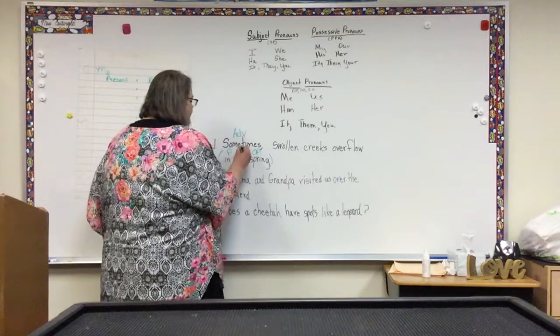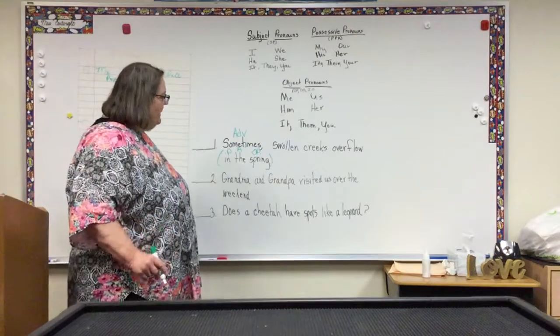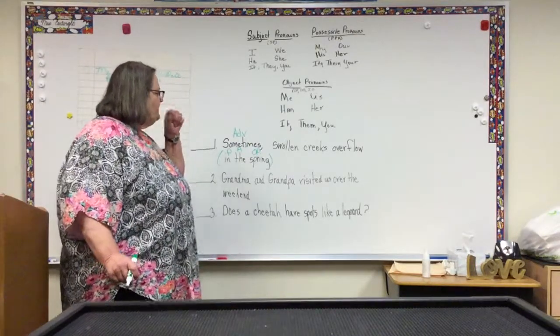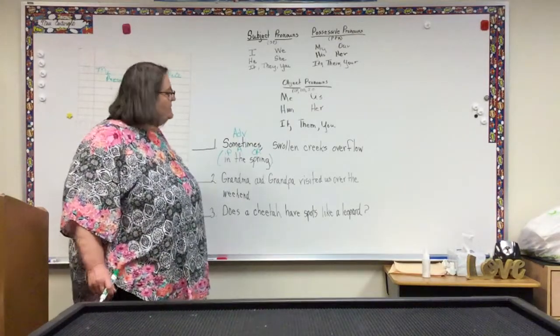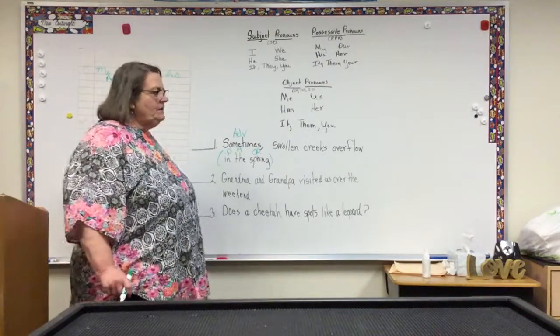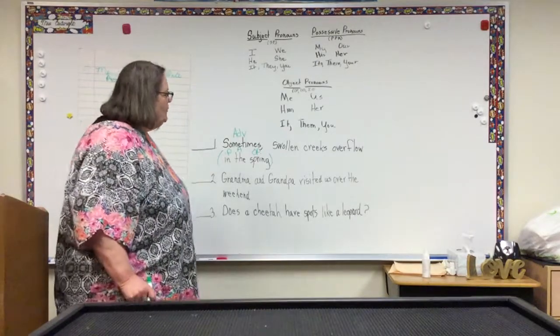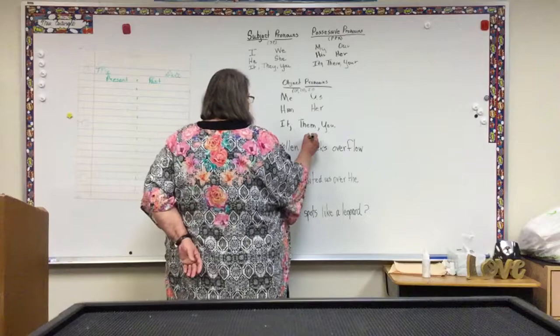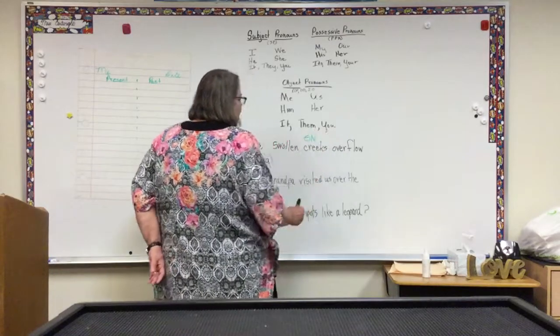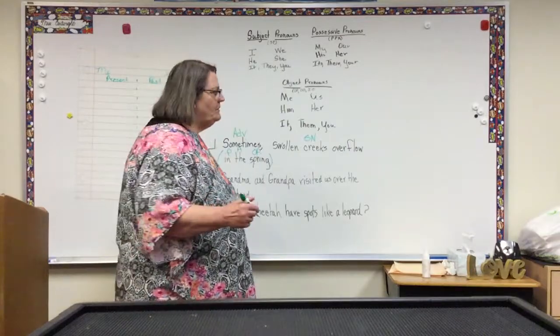And remember, these patterns are mixed. We have the 2 patterns that we've learned, okay? Sometimes swollen creeks overflow in the spring. What overflows in the spring? Creeks, subject noun. What is being said about creeks? Creeks overflow, verb.